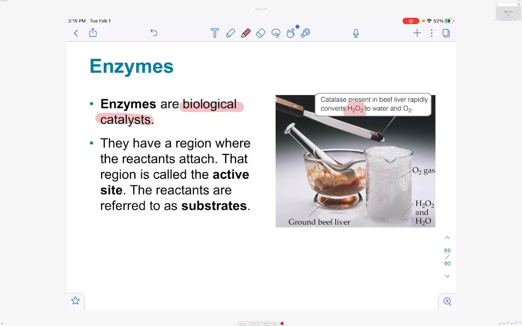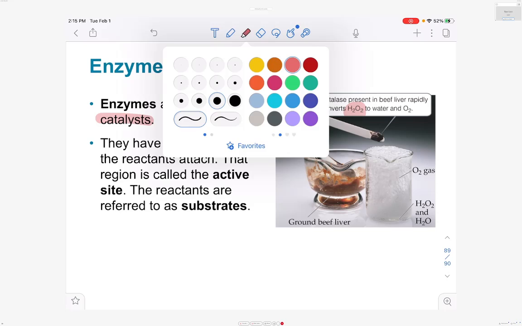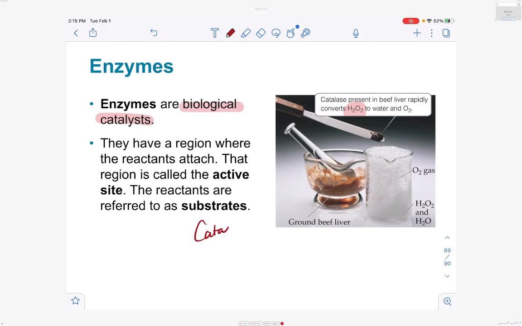So the blood and liver of mammals contain enzymes called catalase. This is an example of an enzyme in our human or mammal's body. This catalase will catalyze the decomposition of hydrogen peroxide into water and oxygen.